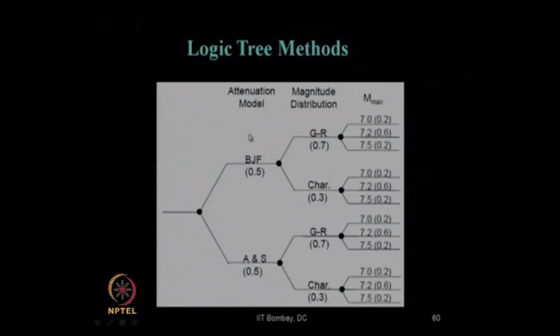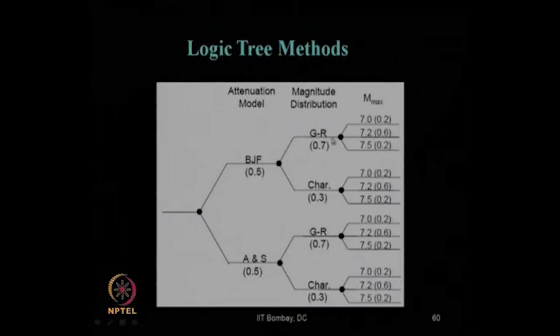Suppose when we are computing, we have various attenuation models. Some examples are given, the BGF model and the A&S model. Let us give equal weightage to them. Let us say we do not want to go into any controversy that this is more correct, this is less correct. Let us give equal weightage. Now, within them, you can use different magnitude distributions.